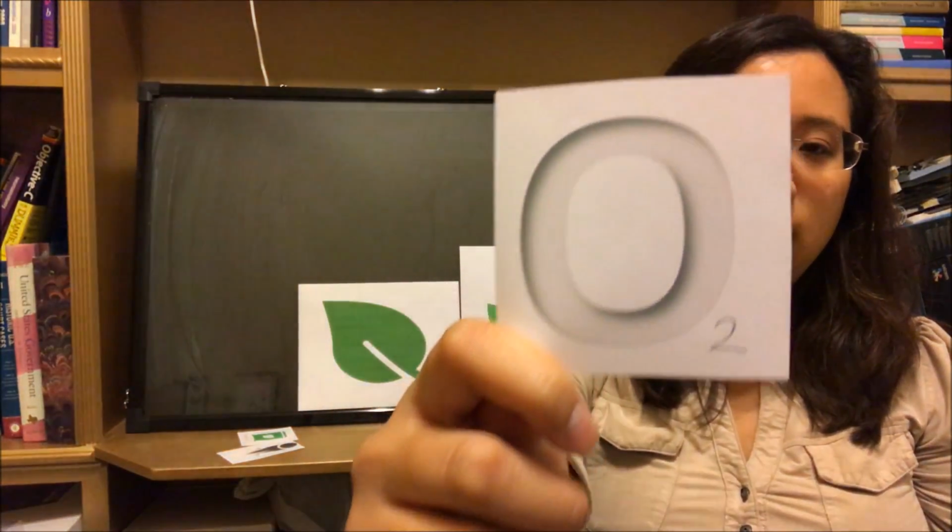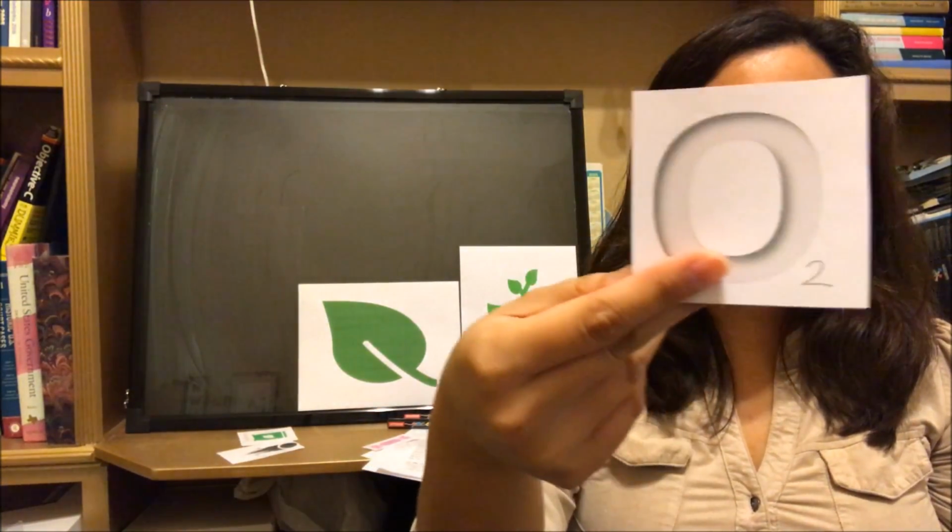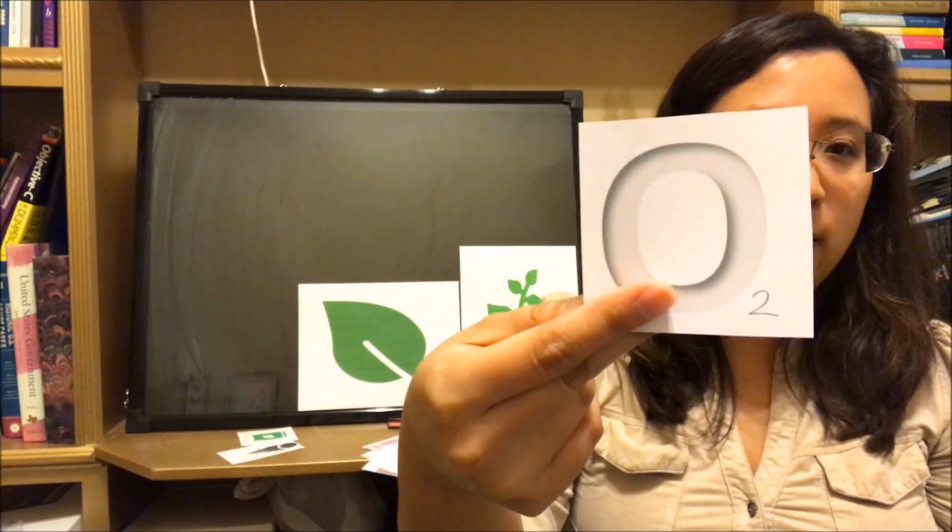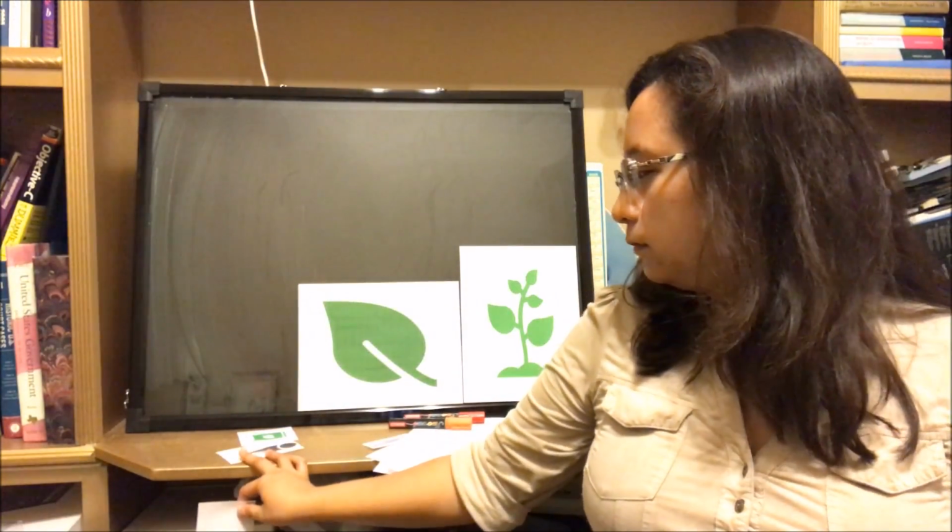Now, oxygen is a sort of waste of the plant. It is like when an animal breathes and gives off carbon dioxide. Likewise, when plants take in carbon dioxide, they also exhale oxygen. And so oxygen is one of the products of photosynthesis.